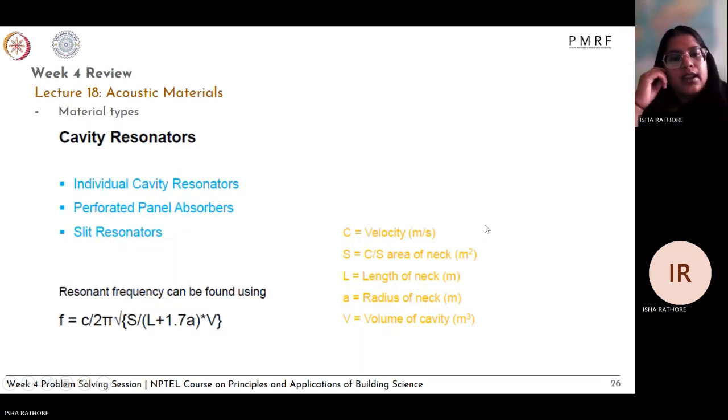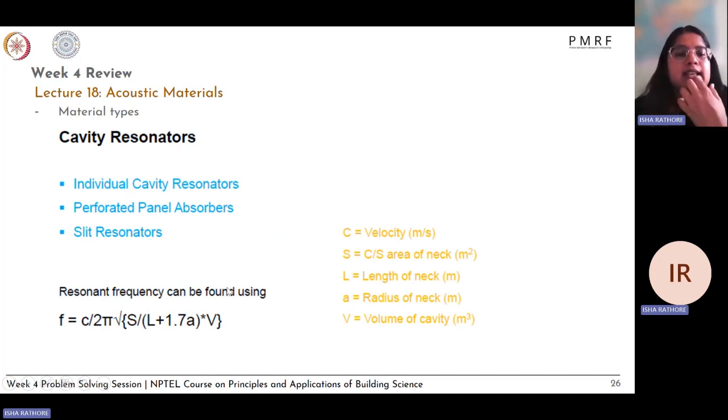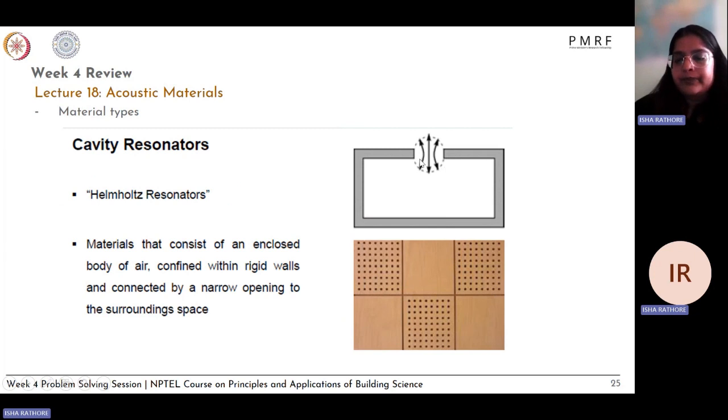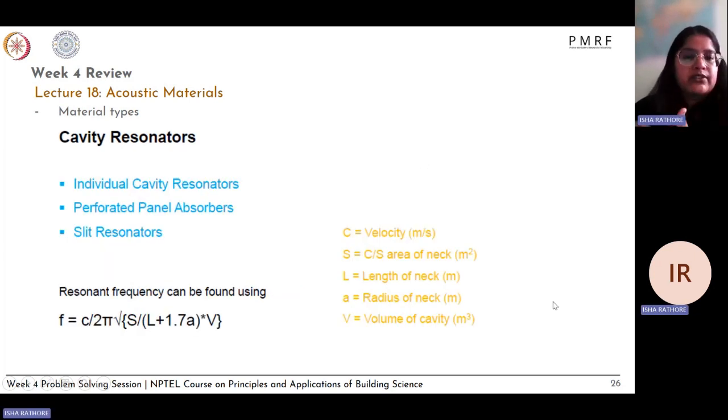Okay. So there are calculations for the frequency of the wave which is entering this. And again, it is dependent on the velocity, the cross section of the neck, or that small space which we saw, then the length of the neck, the radius of the neck, and the volume of the cavity. So what are we referring to as the neck?